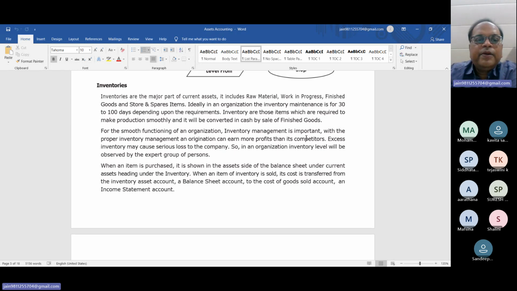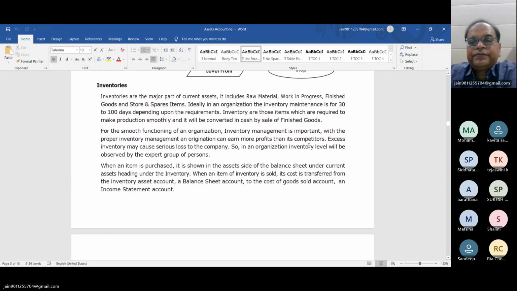With proper inventory management, an organization can earn more profit than its competitors. Excess inventory may cause a serious loss to the company. For that purpose, we have already discussed the stock levels: minimum level, maximum level, reorder level, average stock level, and danger level.